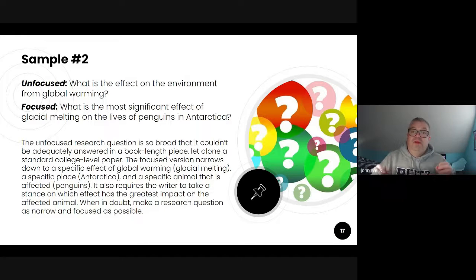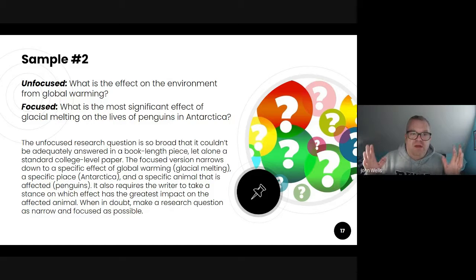So what we're doing is we're talking about global warming. Now we're specifically looking at when it gets warm, it makes the ice melt. So we're focusing it down on this thing, right? It's not sea level change. It's not rise in temperatures. We're looking at specifically ice melt. And then we're looking at penguins in Antarctica, right? So now we're not talking about the polar bears or indigenous people or whatever.